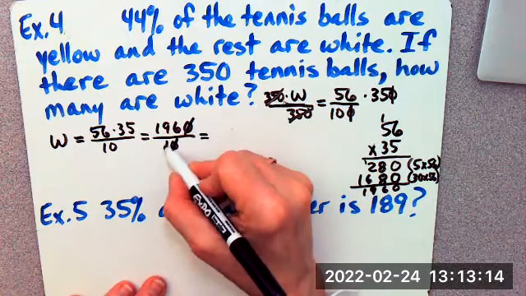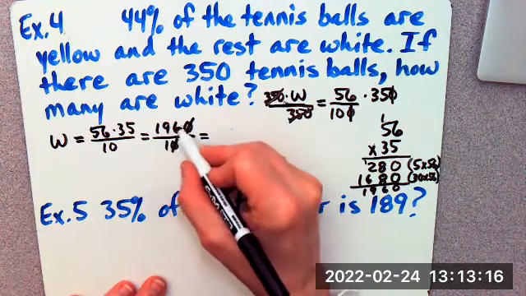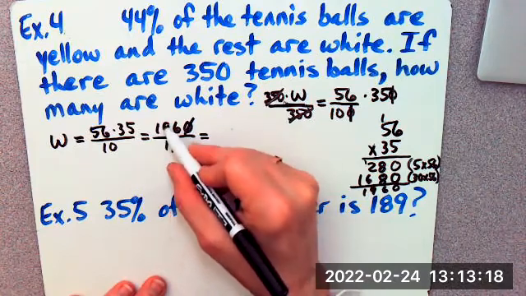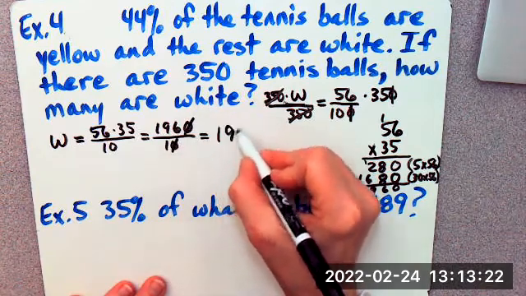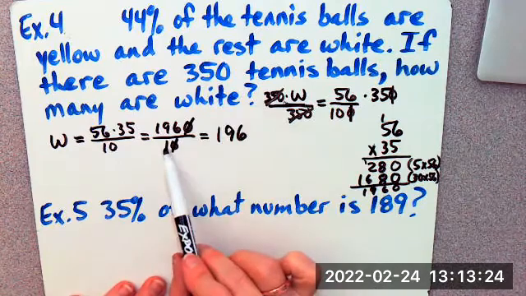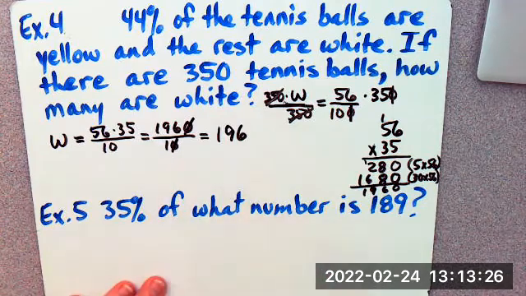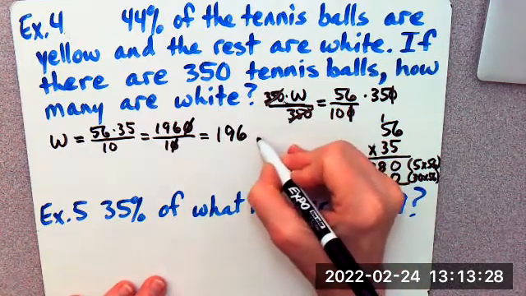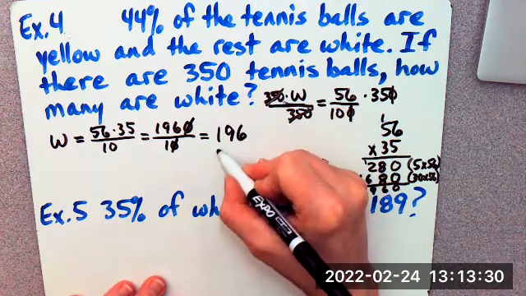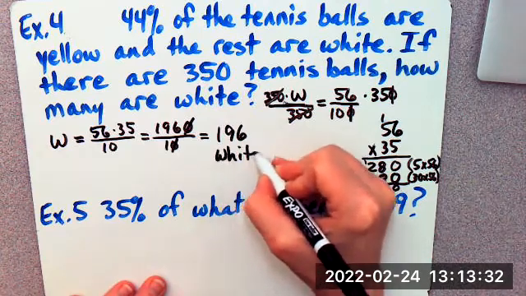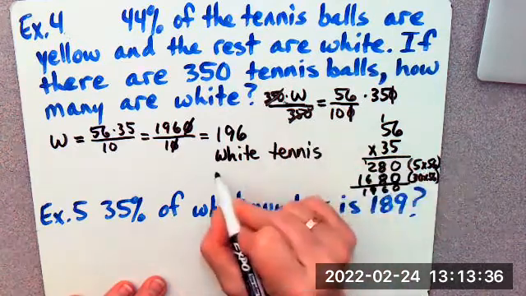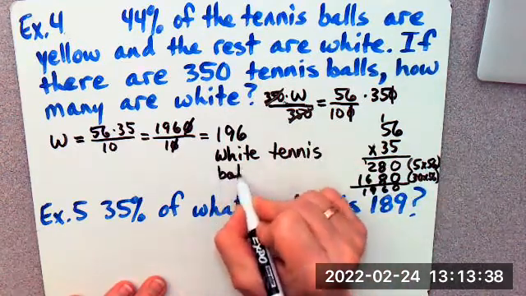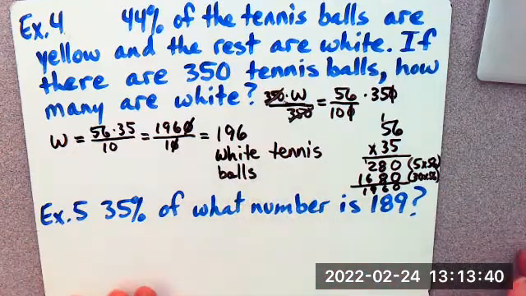So we know that there's 196 ones. If we divide 196 by 1, that equals 196. Because there's 196 ones and 196. So we have 196 white tennis balls. Okay, so that's how we would do that.